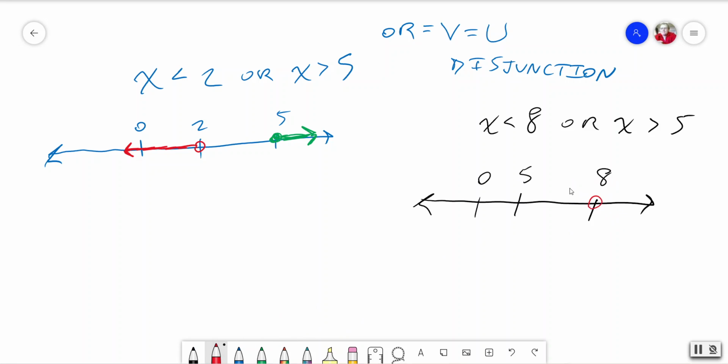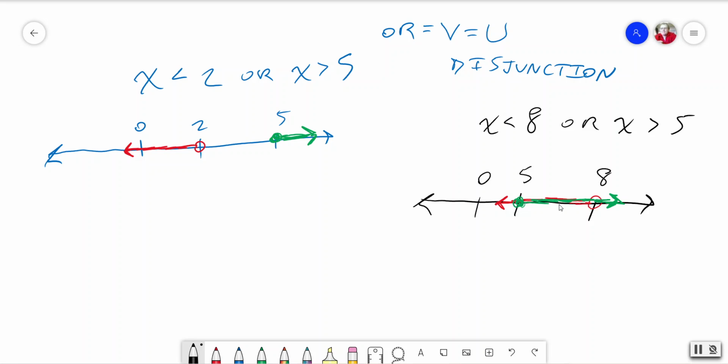It's all real numbers. Here, though, you would have to say negative infinity up to 2 union with, or if you didn't want to use that symbol, you could use the little v, union with 5, and actually, I wasn't paying attention.